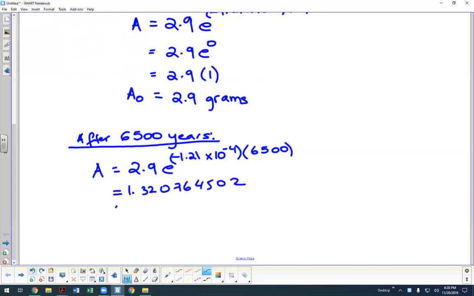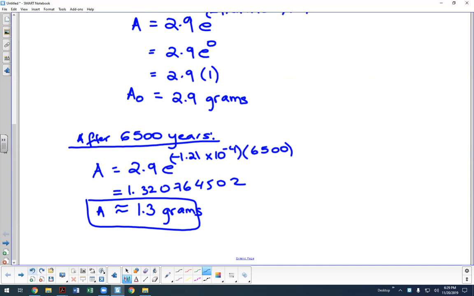This is going to be a pretty long number. We'll just round it to 1 decimal place. So after 6,500 years, there will only be 1.3 grams of carbon 14 left behind in, I guess, whatever that object was.